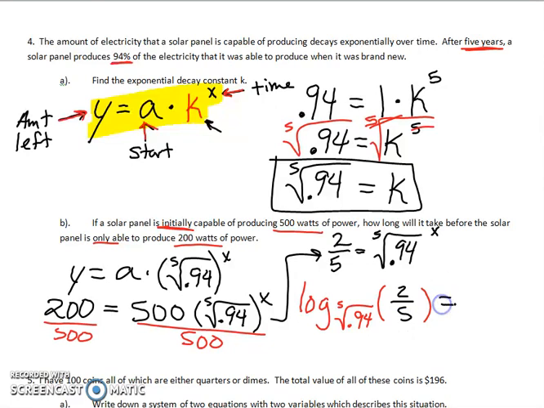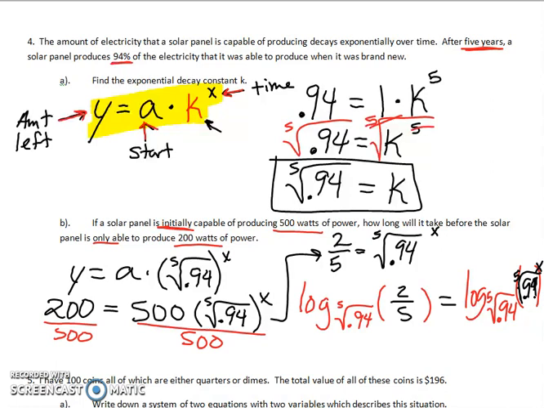Okay, and that equals the 5th root, equals log base the 5th root of 0.94 of our 5th root of 0.94 to the x power.